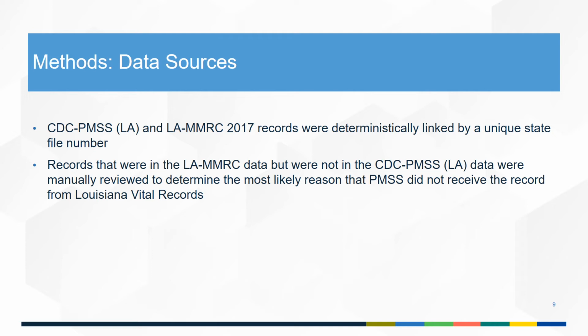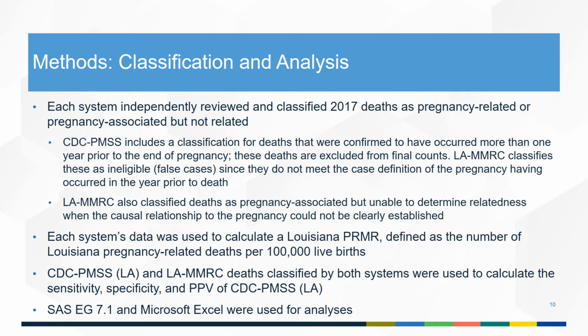PMSS shared their classifications of 2017 Louisiana deaths with Vital Records, who further shared this information with our MMRC staff. Each record included a state death certificate number that was used to link the PMSS data to Louisiana's MMRC data. Thinking back to the case definitions, both systems classified cases as pregnancy-related or pregnancy-associated but not related.